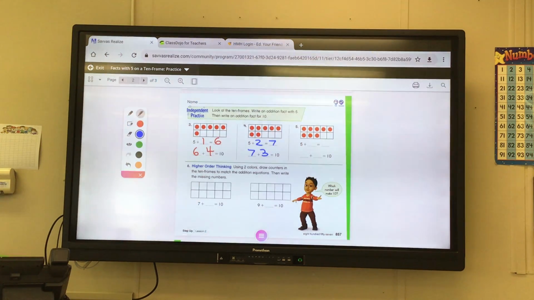Here? 8. Plus how many missing boxes here? Equals how many altogether? Excellent.